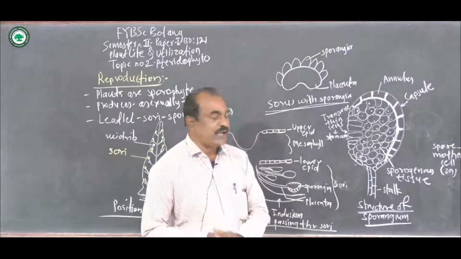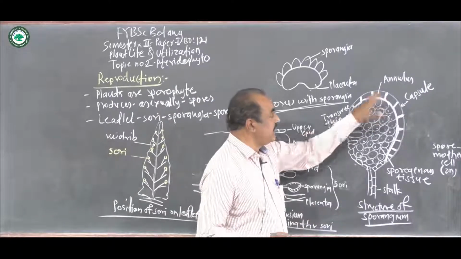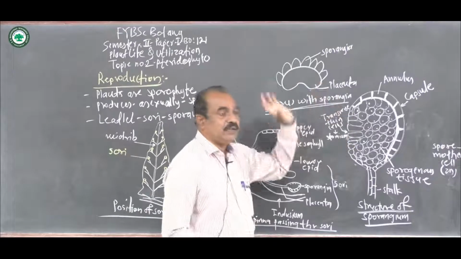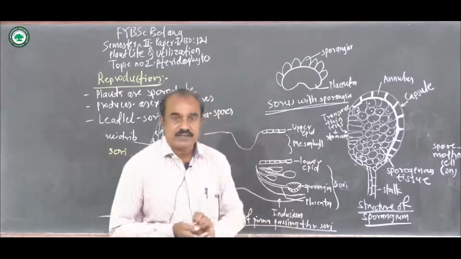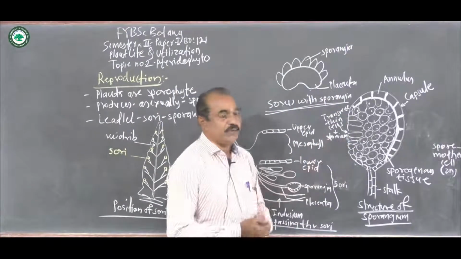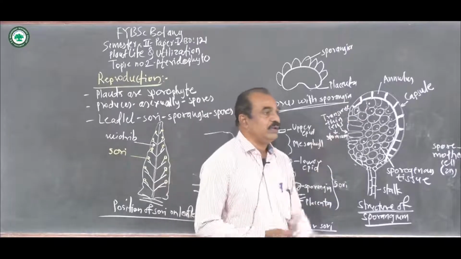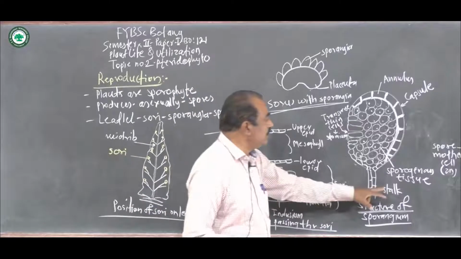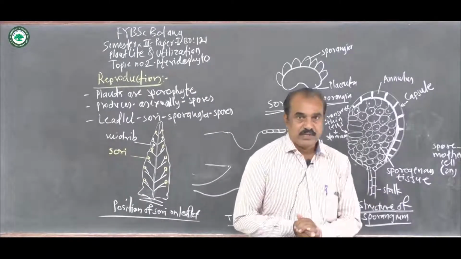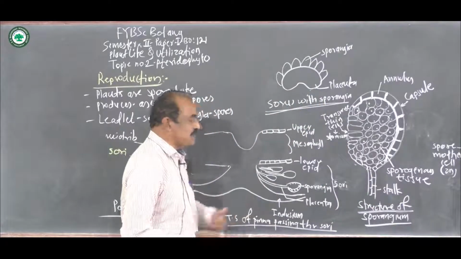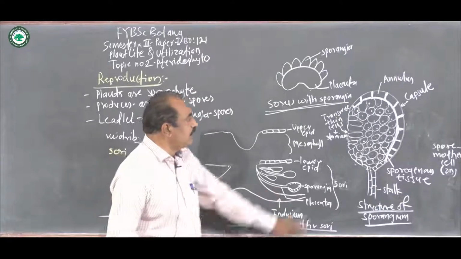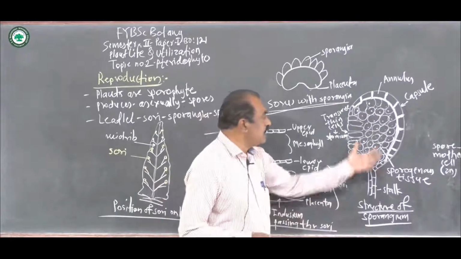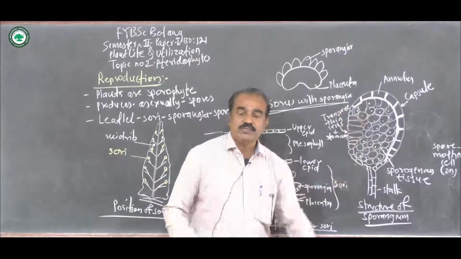The inner wall and radial wall of the annulus are very thick, and only towards one side there are very thin-walled cells, and they are called the stomium. Inside these walls, a very large number of cells are developed, and they are called the sporogenous tissue. The placenta provides food material to this developing sporogenous tissue, which is more important.